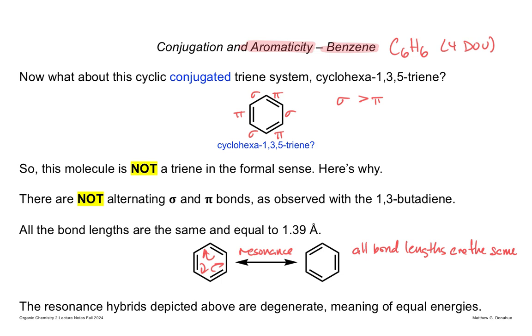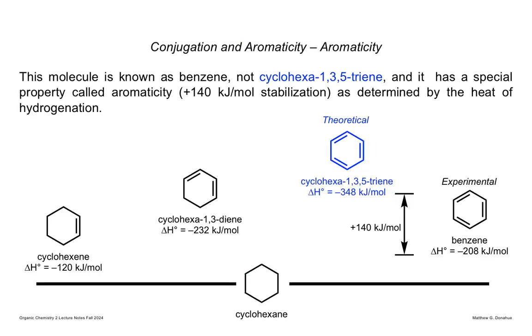So how do we know that this molecule is special, it's different? And we're going to use the heat of hydrogenation experiment to explain why. So heat of hydrogenation. If we start with cyclohexene, that just has one pi bond.